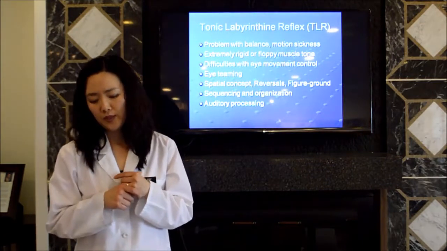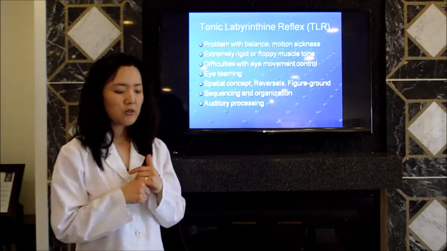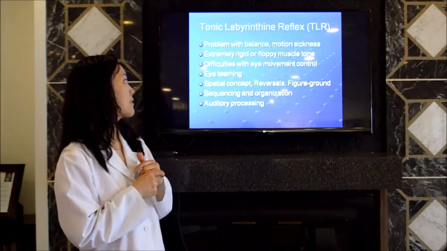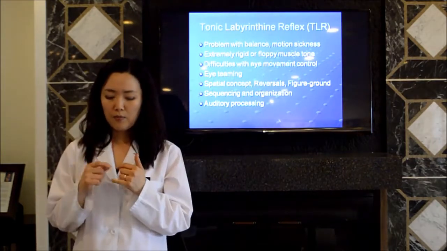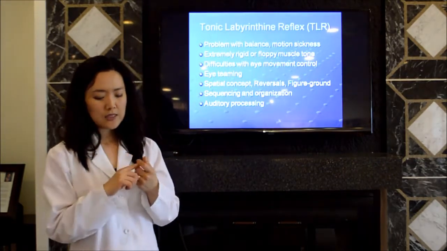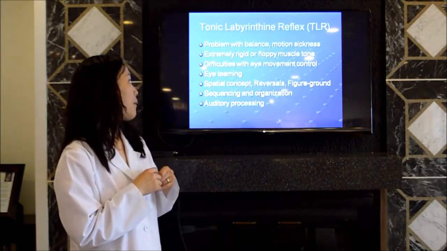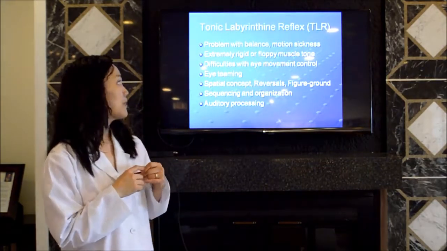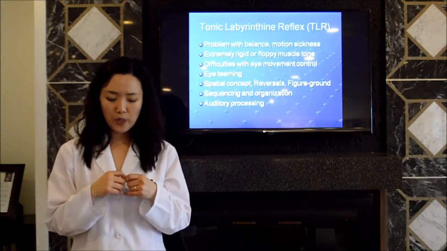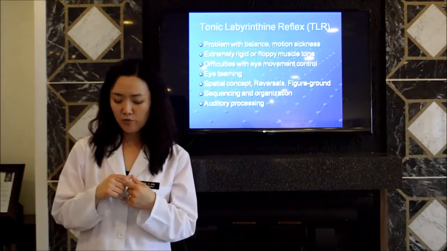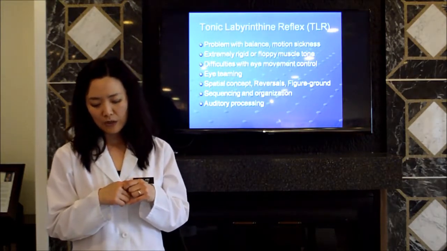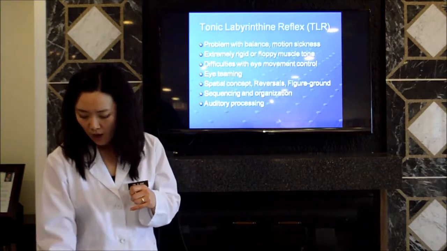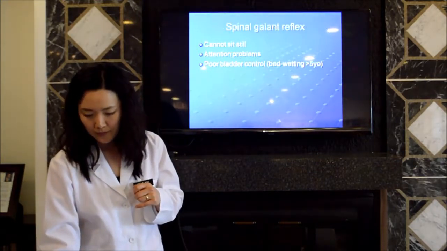Tonic labyrinth reflex. This also affects them if it's not integrated correctly. Problems with balance, motion sickness, extremely rigid or floppy muscle tone, difficulties with eye movement control, eye teaming, spatial concept reversal, figure ground, sequencing and organization, auditory processing.